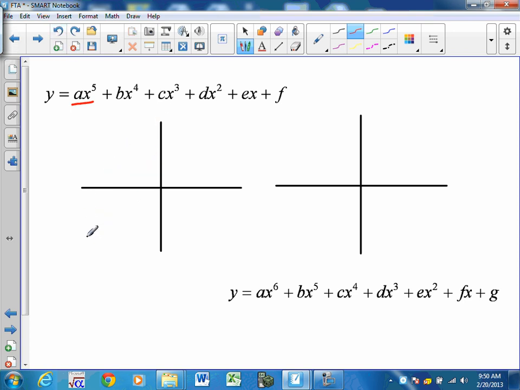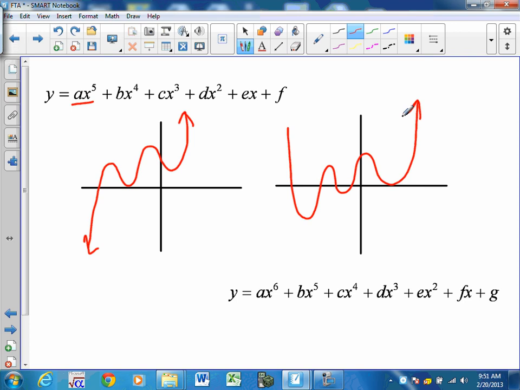It could look just like a fourth degree, or you could get an extra peak and valley. One important thing to notice is that if you have an odd degree, the ends of your graph, think end behavior, are always opposite. One's going up, one's going down. They may be the other way if it's a negative A, but when it's an even degree, the ends are always going the same way, both up or both down.